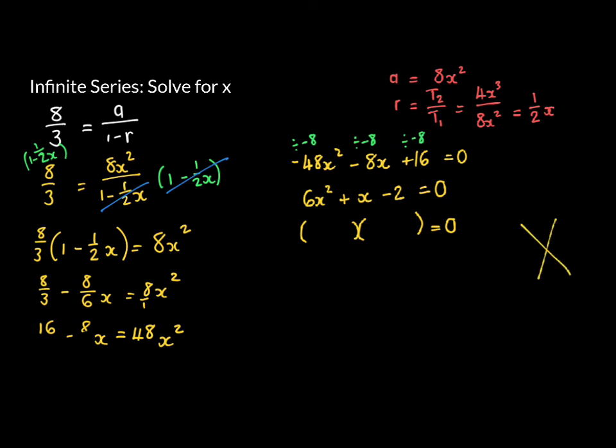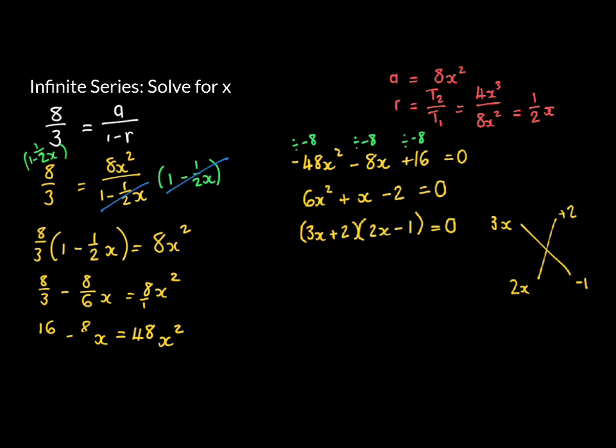So I'll do this and then I'll write here the factors of 6x squared are 3x and 2x, and I want x to be positive, so I'm going to put negative 1 over here so that I have minus 3, and then I'm going to put a positive 2 over here so that I can have plus 4 minus 3. That will give me plus 1. So that's the answer we're looking for. So I'm going to get 3x plus 2, and then I'm going to get 2x minus 1.